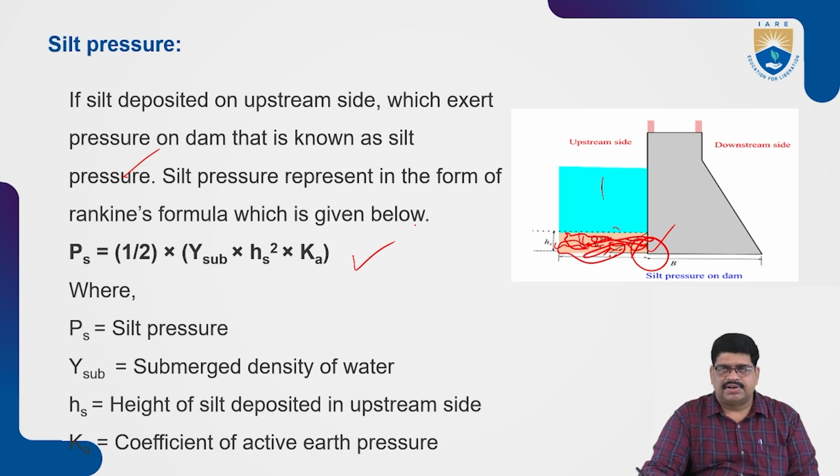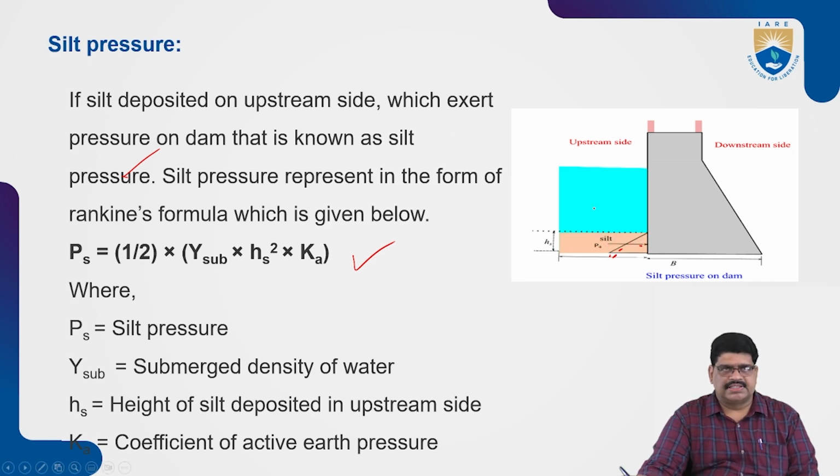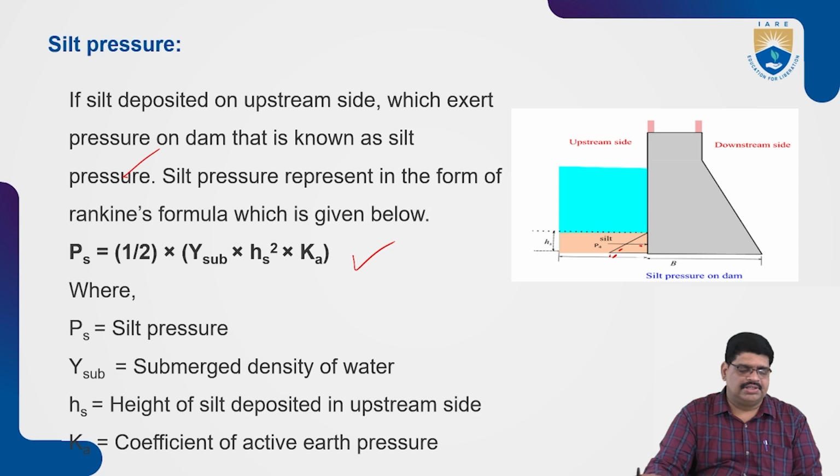What is this formula? How can the silt pressure affect the dam? Silt pressure is one of the effects that can destroy the dam, especially the foundations. Let us see how silt pressure acts. PS is the silt pressure, gamma sub is the submerged density of the water, HS is the height of the silt deposit on the upstream side, and KA is the coefficient of active pressure.